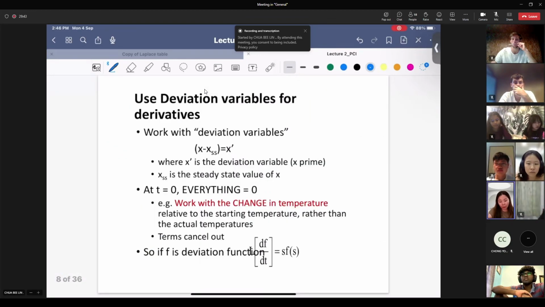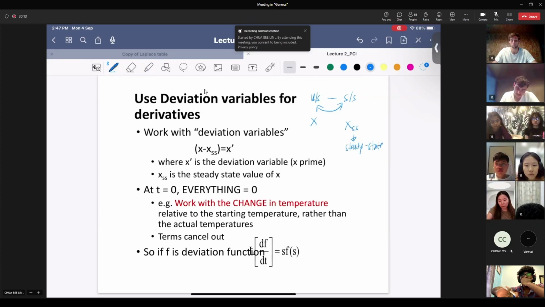Use deviation variables for the derivation. Work with the deviation variable. So this one means we use the unsteady state minus the steady state, the difference between these two. For example, during unsteady state, my variable is x. During steady state, to indicate it is steady state, I put SS, steady state. So this stands for the steady state of x, and this stands for the unsteady state of x.